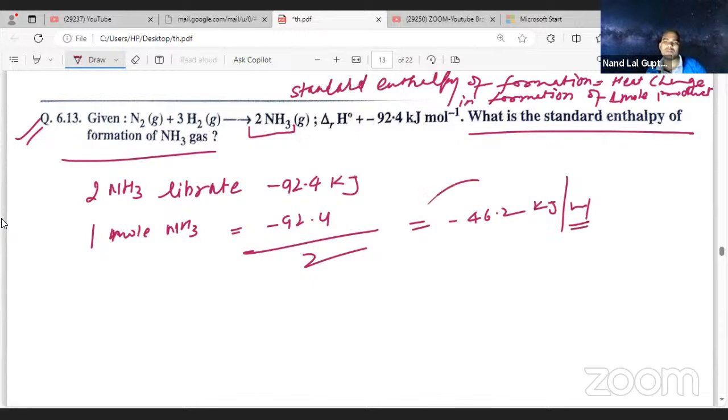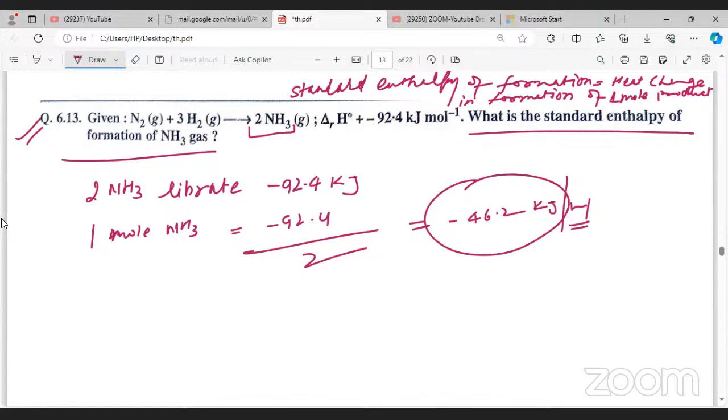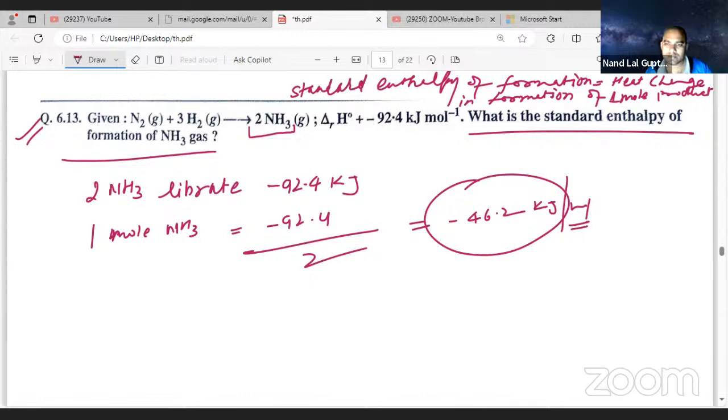So per mole, how much will come? Minus 46.2. Are you getting this? Yes. Okay. Any problem? You can stop me and ask, please.